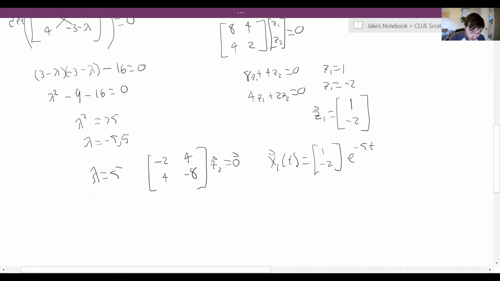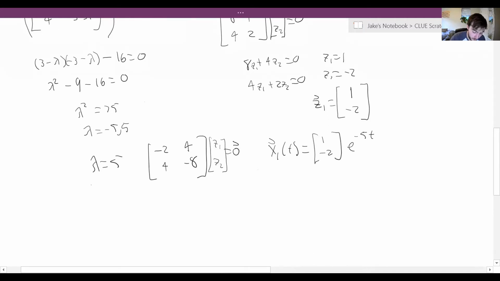So we get negative 2 times 4. If we use our same strategy, we can do z1, z2. If we pick z1 to be 2 and z2 to be 1, I think that works, because then we get negative 4 plus 4, and we get 8 minus 8.